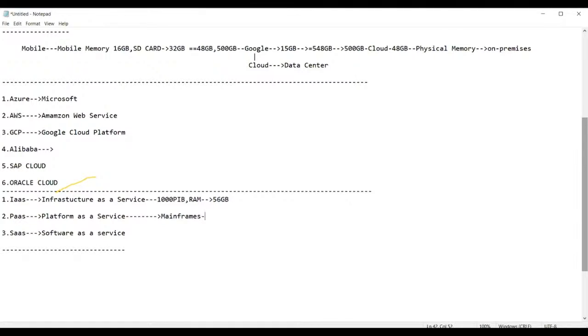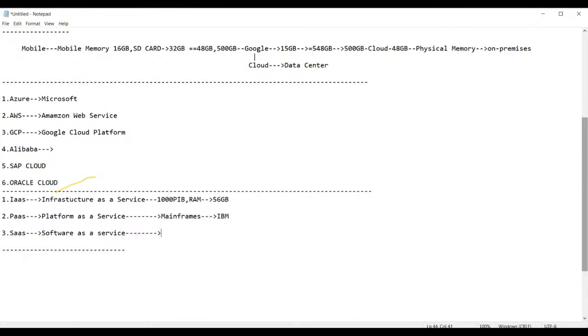Mainframes is an operating system from IBM. You need not buy the license of this. You need not worry about the operating system. Simply you need to inform your cloud provider, Azure, that you require the mainframes operating system. He will take care.